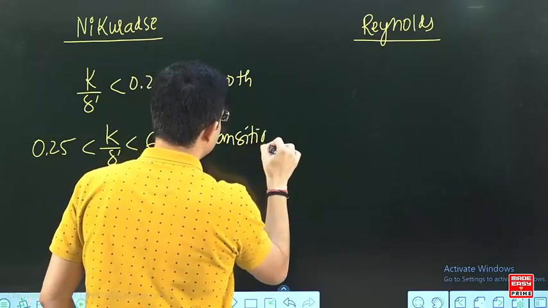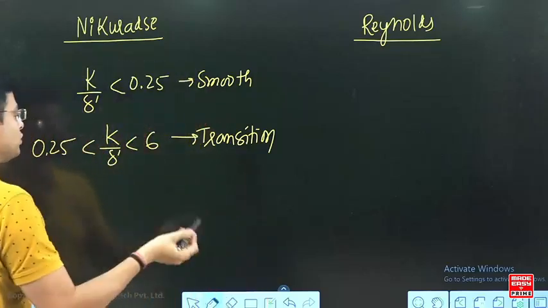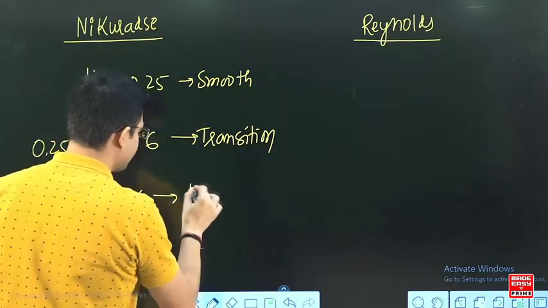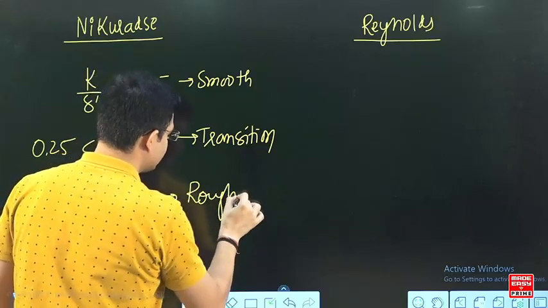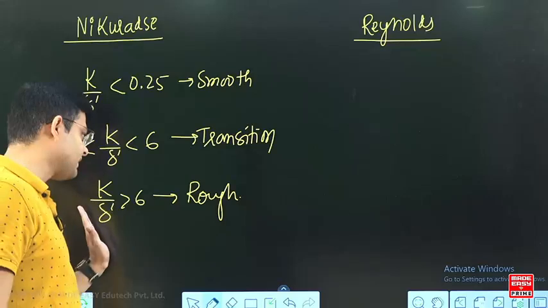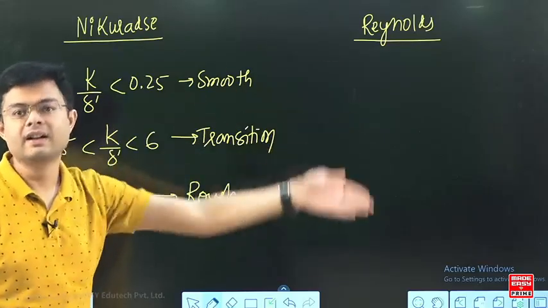Transition means you cannot decide whether it is behaving as smooth or rough. If the value of K by delta dash is greater than 6, then it is treated as a rough pipe.